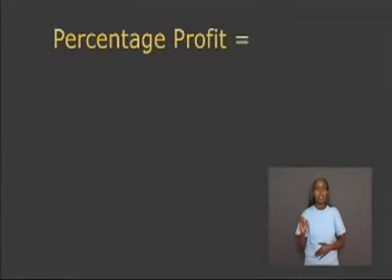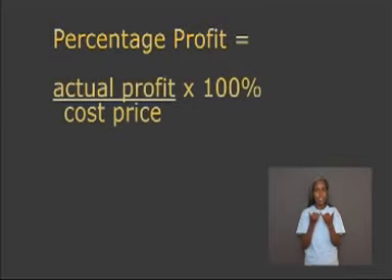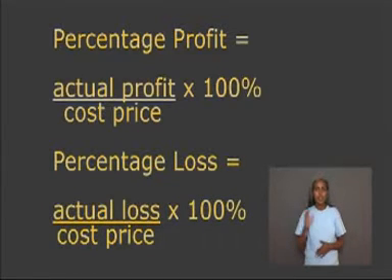Percentage profit is calculated by dividing the actual profit by the cost price and multiplying this number by 100%. Percentage loss is calculated in the same manner.